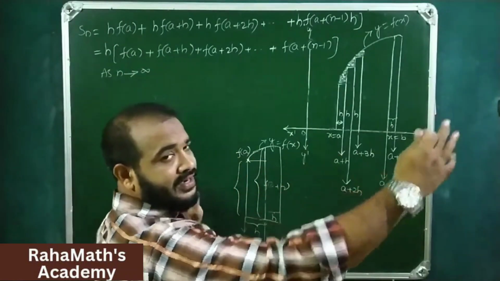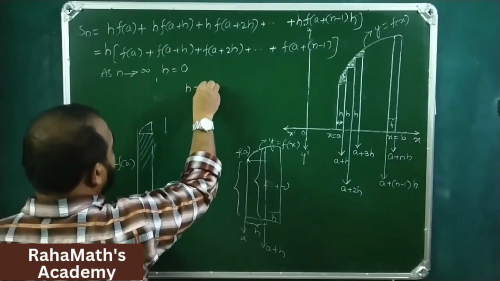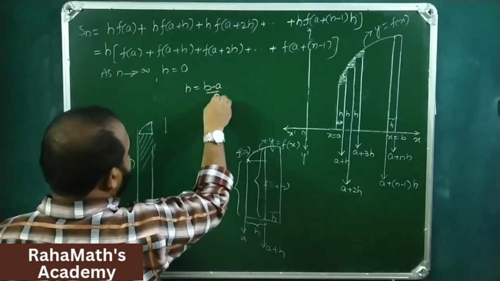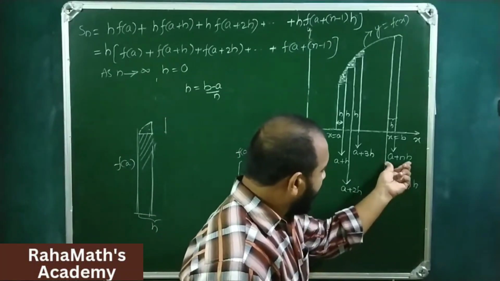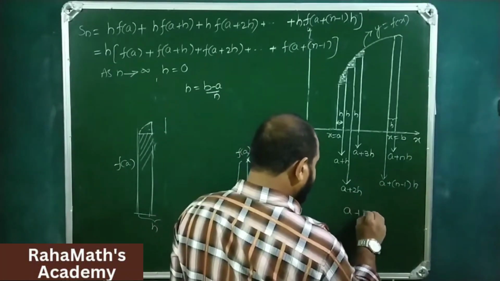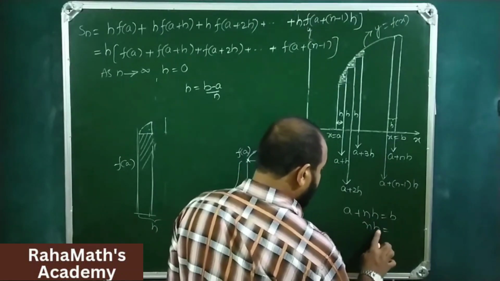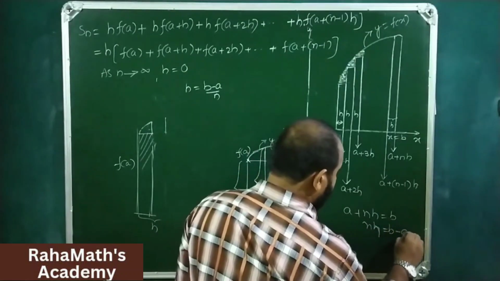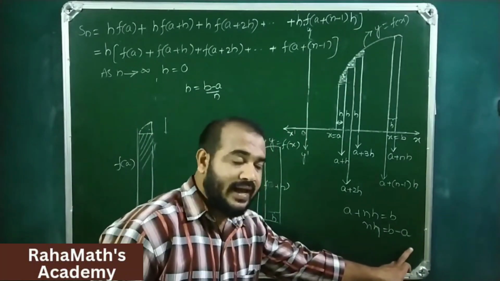the number of rectangles is infinity, h is tending to 0 because h is equal to b minus a by n. Because here see, this is a plus nh is equal to how much? b, or nh is equal to b minus a, or h is equal to b minus a by n.